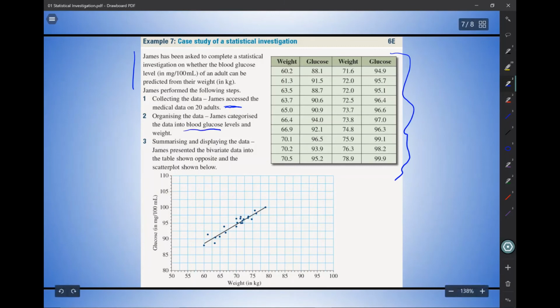He organized the data and summarized it and displayed it. And then he was able to analyze the data the same way we were by extrapolating his line and making predictions, that kind of thing.